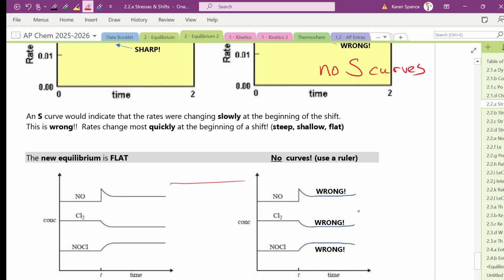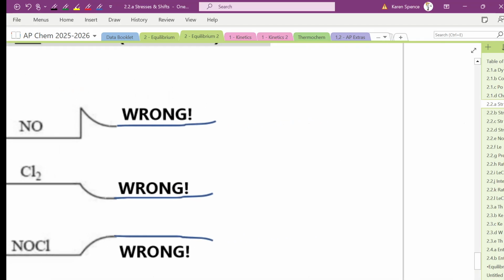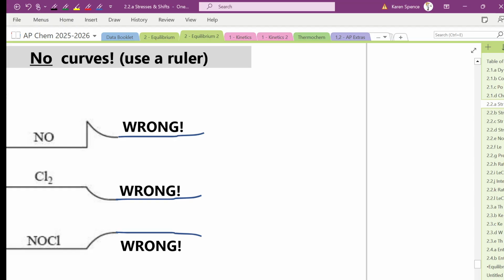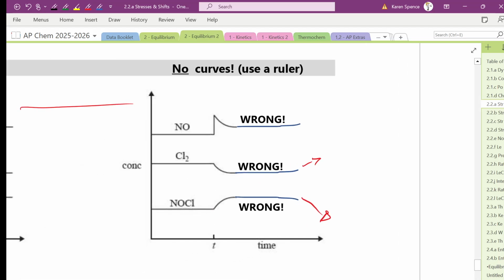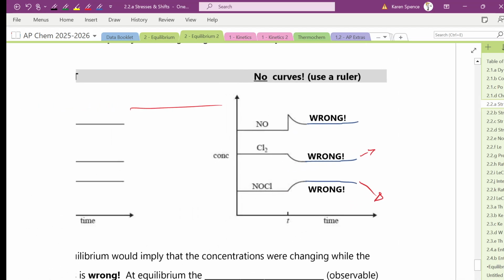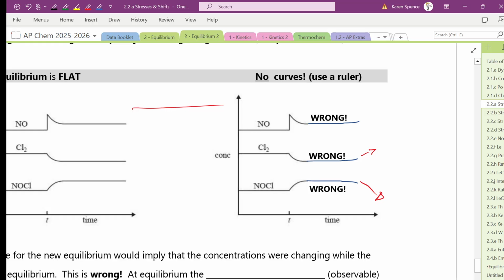But if you draw a straight line and it looks like these ones over here, that is not a straight line. That is curving up. This one's curving up. This one's curving down, right? They're not straight lines. So do yourself a favor on a test or whatever, use a ruler. For yourself when you're drawing, I don't care, whatever, doesn't matter. But when you're doing it on a quiz or a test, use a ruler.